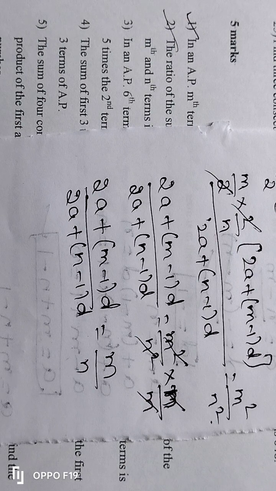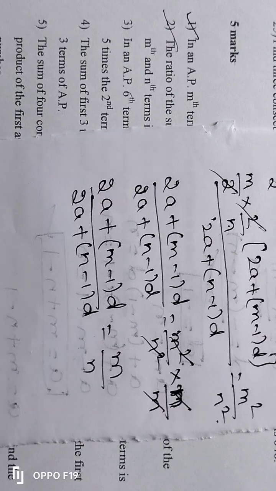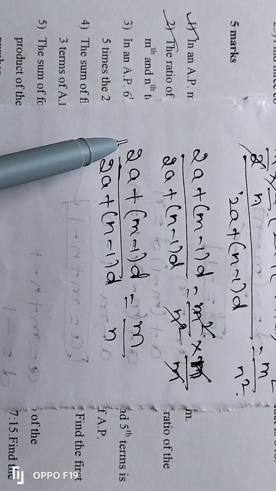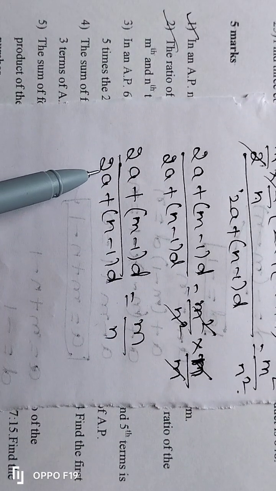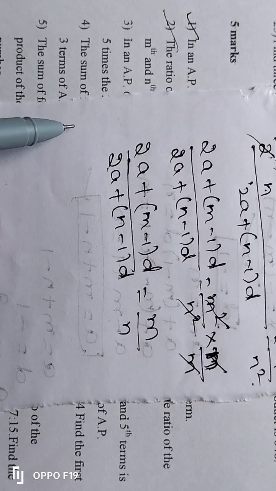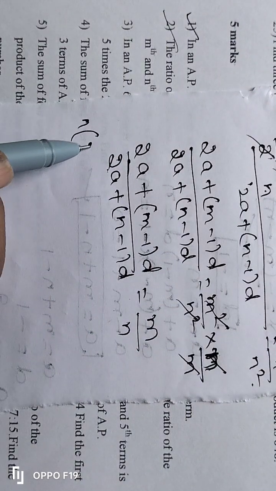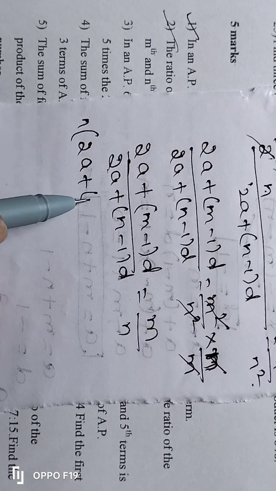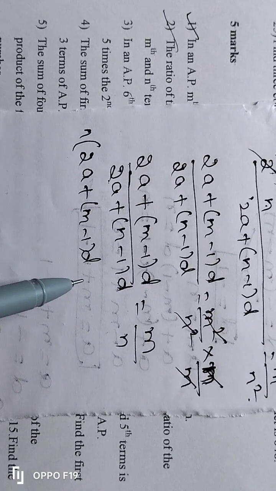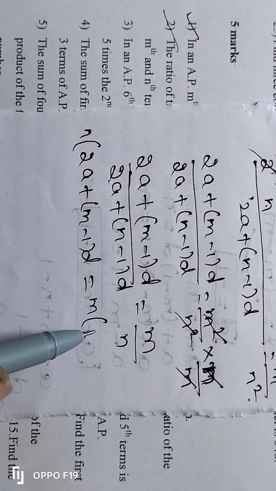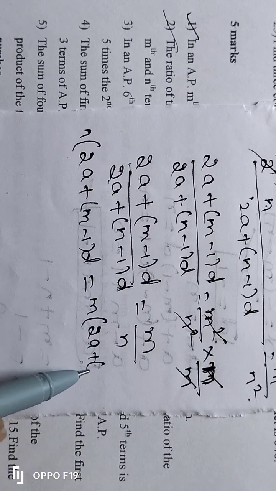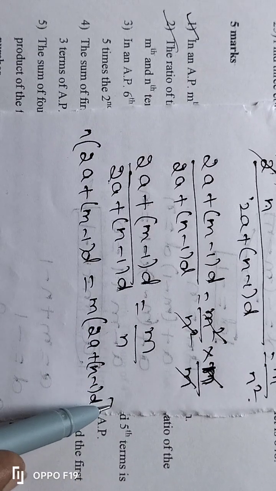Now let us cross multiply it. If I cross multiply, n you multiply here and m you take and multiply to this. So n into (2a plus m minus 1 into d) is equal to m into (2a plus n minus 1 into d).